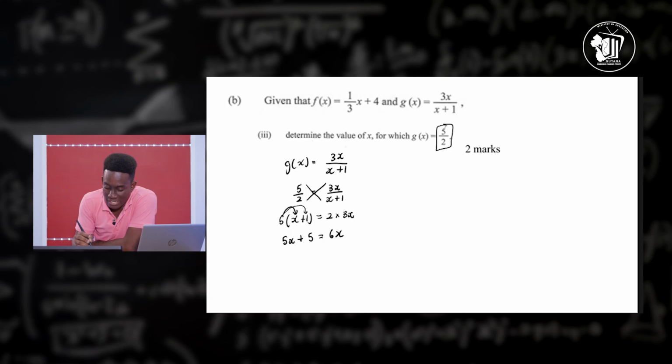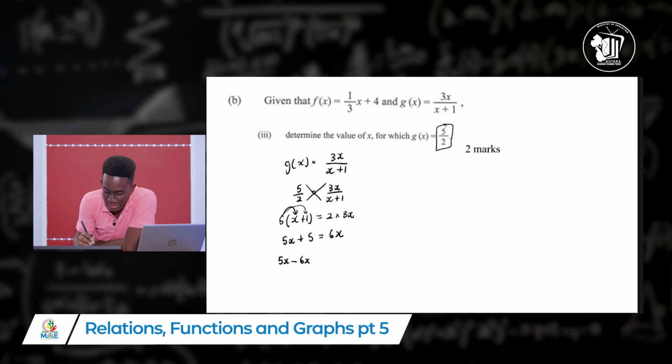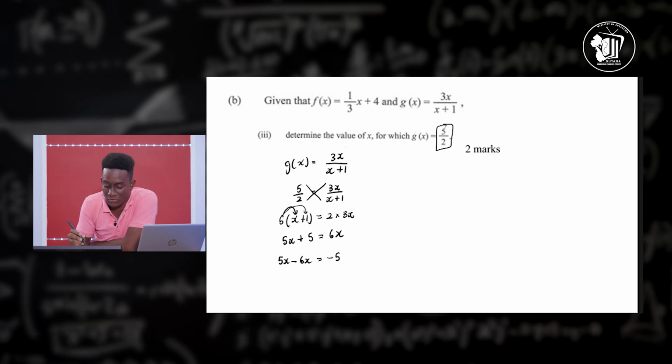Taking over the 6x, since it's adding, we have 5x subtract 6x is equal to, and when we take over this 5, since it's adding, it becomes minus 5. So 5x subtract 6x gives a negative 1x, the same as negative x is equal to negative 5. These two negatives cancel out, so we have x is equal to 5 as the answer. That is the value of x for which g of x is equal to 5 over 2, and that is how we can get these 2 marks easily.